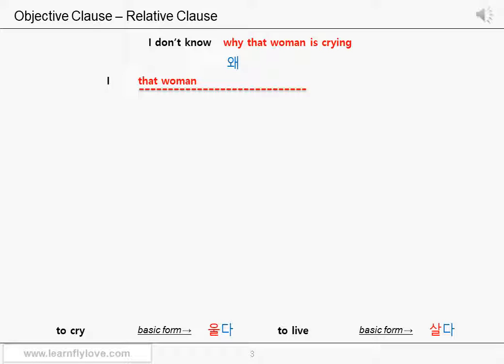Well, actually, you can put it anywhere, as you can put any interrogative anywhere in the sentence because of the fact that it has its own strong meaning. But we told you that if you want to have a fixed rule, you can put why right after a subject. So let's put why right after the subject of the clause, that woman. Is crying is the predicative part of the relative clause, so let's put it at the end of the clause.